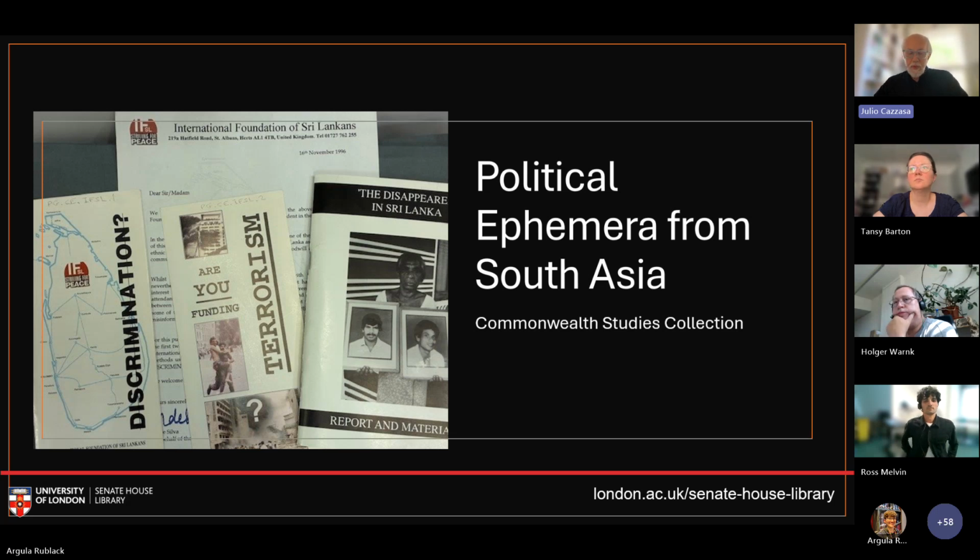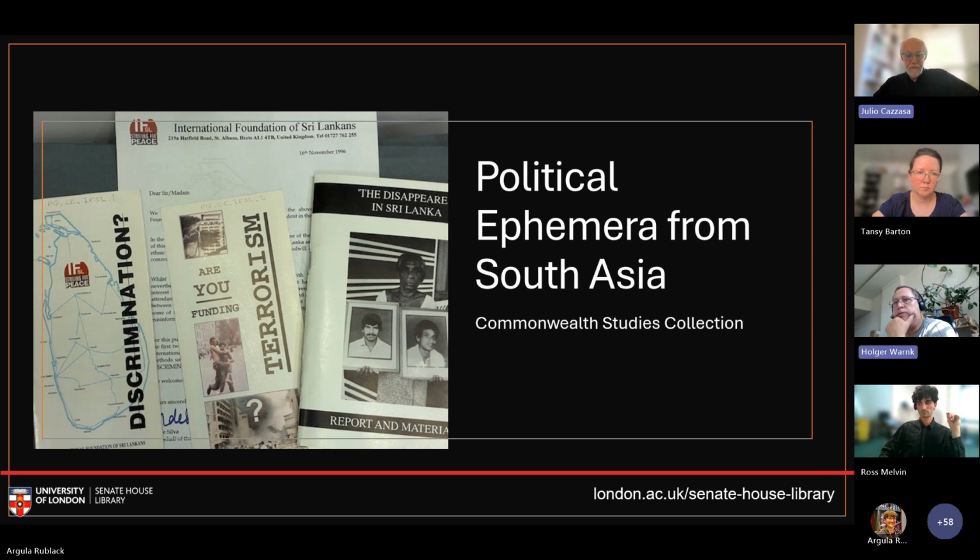It is important to note that these materials often use historical or colonial place names reflecting the context and terminology of their time. Now, turning specifically to South Asia, I would like to highlight four key countries represented in this collection: Bangladesh, India, Pakistan, and Sri Lanka.